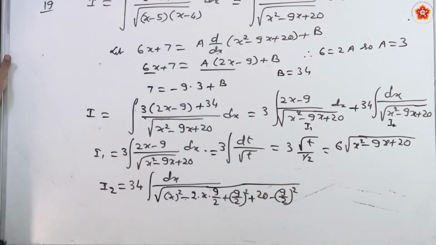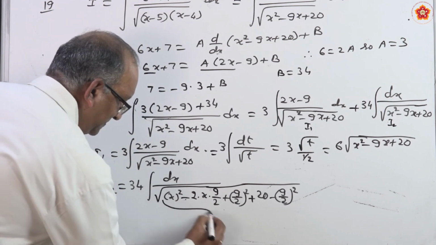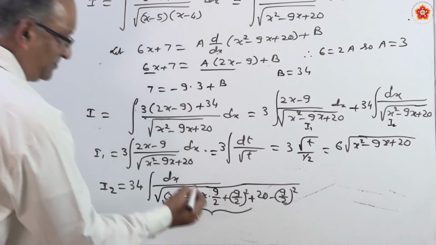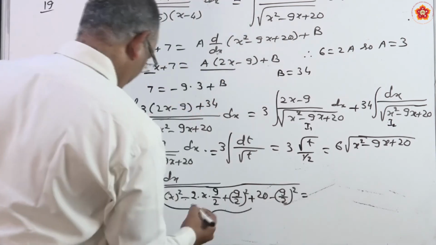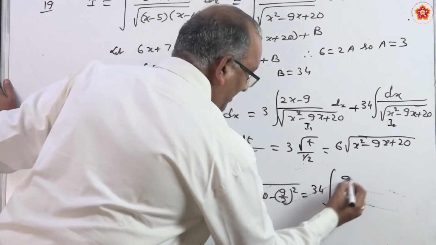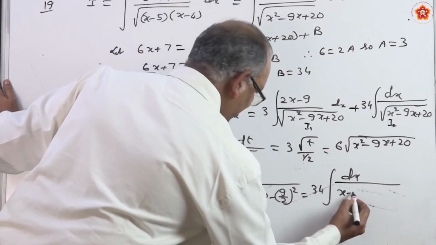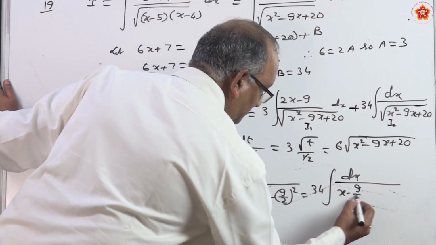See the expression, quite a big expression. From the first term till the third term, it will become 34 outside, integral of dx upon, this will become x minus 9 by 2 whole square.